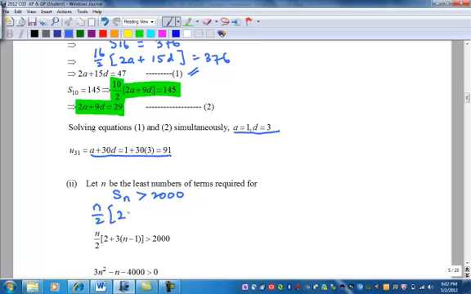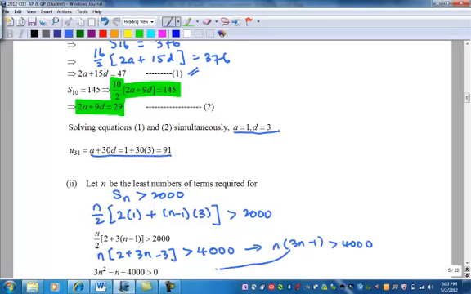Now we know a is 1 as we found earlier, and d is 3. This simplifies to the next inequality, and when we subtract 2000 on both sides of the inequality and multiply by 2, we end up with this. Let me show the simplification here. I will end up with this inequality.